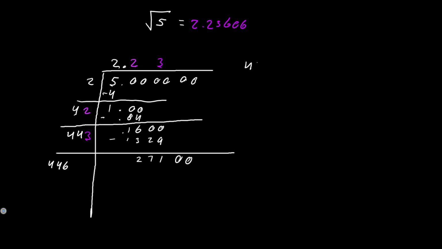So we have 446 underscore times underscore is less than 27,100. So we see that it could be 5, but let's go ahead and try 6.